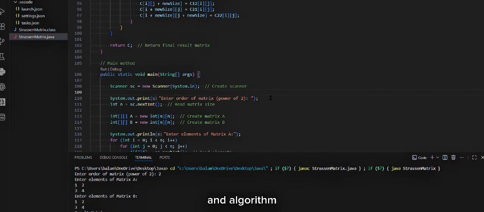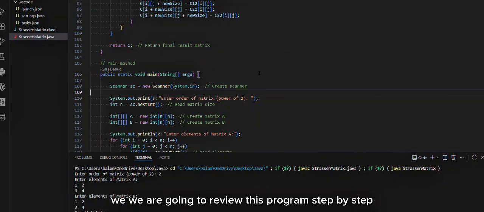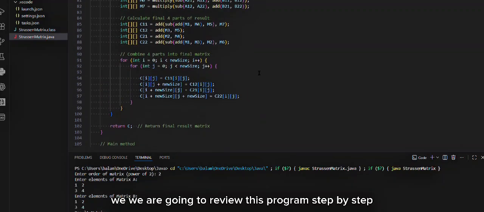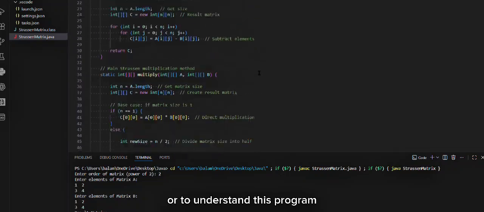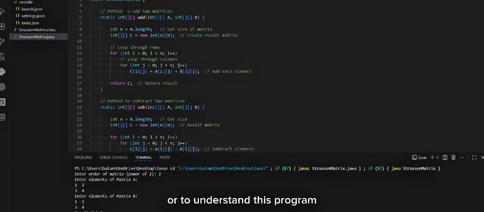So here, guys, we are going to review this program step by step. This program has mainly three methods. One is the add method, which adds the matrices step by step. We have the subtract method, which subtracts the matrices.